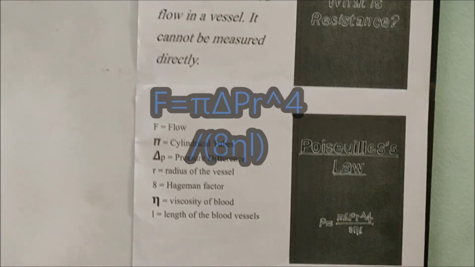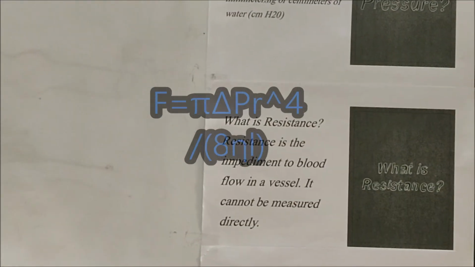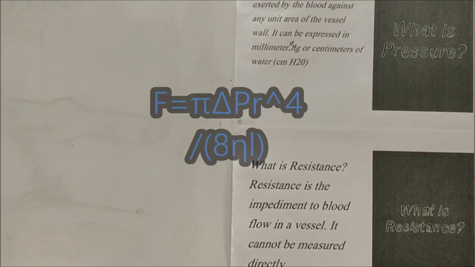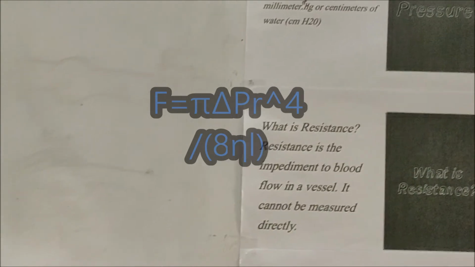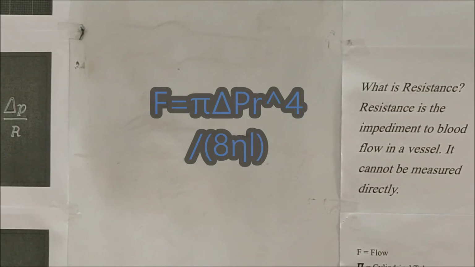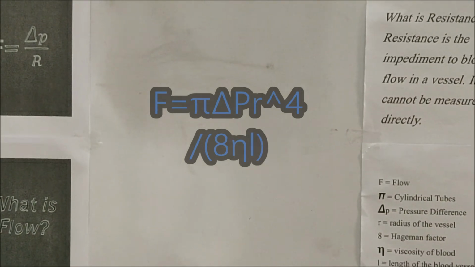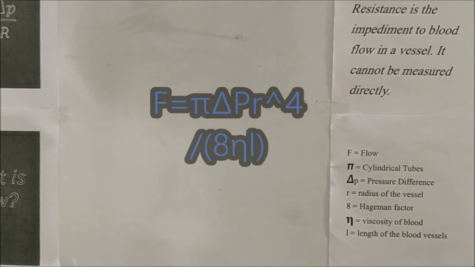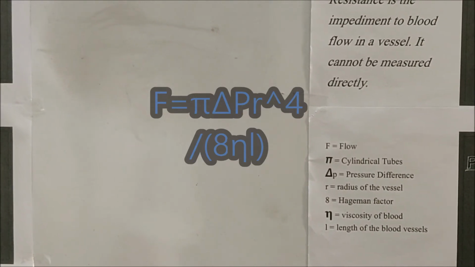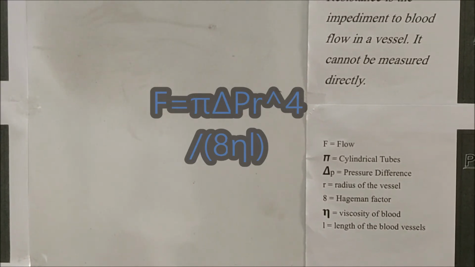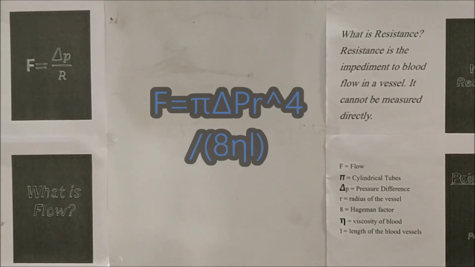Now if you compare Ohm's law to this Poiseuille's law, flow is directly proportional to pi, the pressure difference and the fourth power of the radius of the vessel, and inversely proportional to the viscosity of blood and the length of the blood vessel.